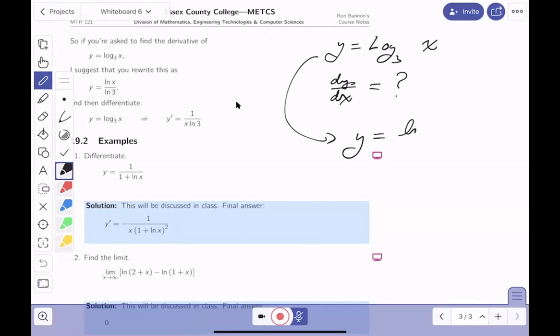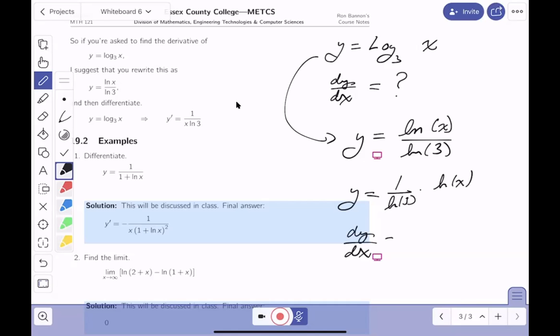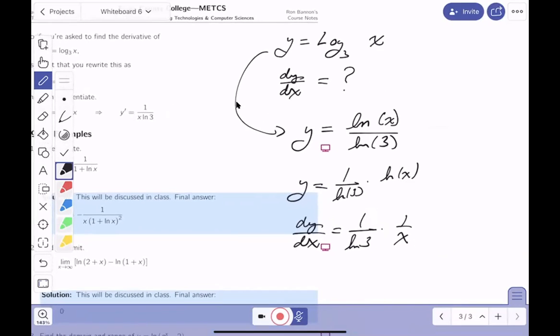What would that be? Natural log of x over the natural log of 3. This is y equals the constant 1 over the natural log of 3 times the natural log of x. dy/dx is going to be the constant 1 over the natural log of 3 times the derivative of natural log of x, which is 1 over x.